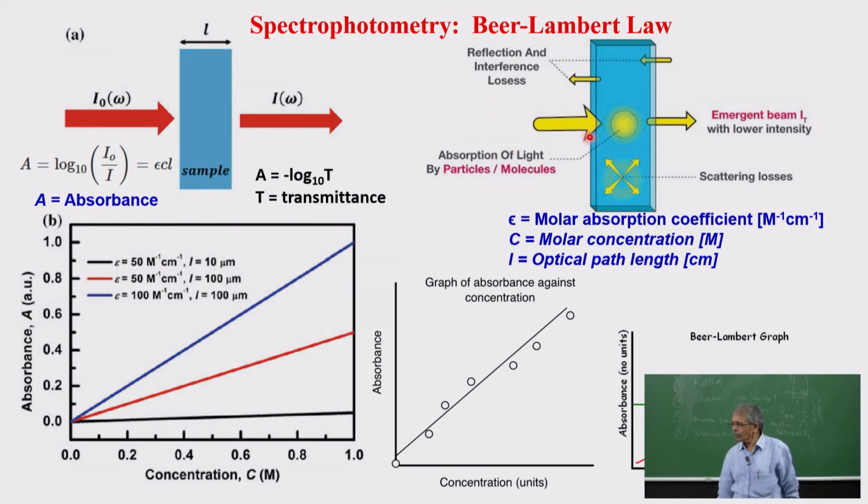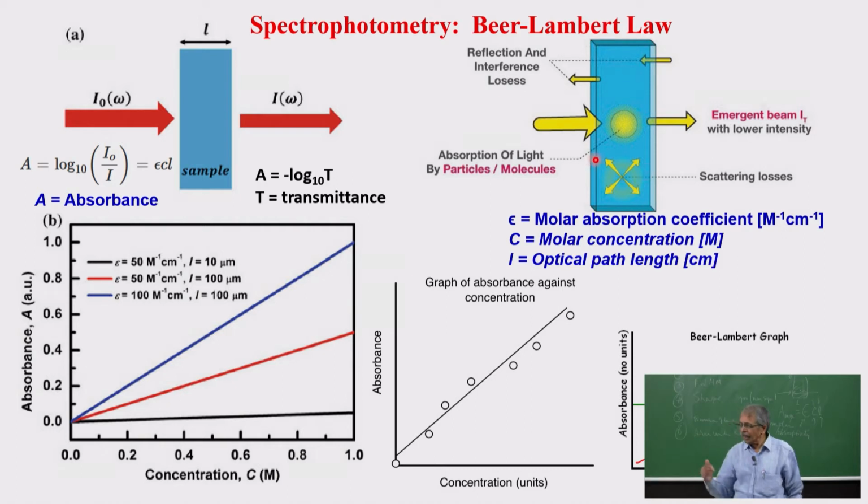When the light falls on this, there can be a reflection at the surface, the light can pass through, light can be absorbed, and then light can come out as emerging light. The species inside can also scatter. So the scattered radiation and the reflections all influence the light that is coming out.